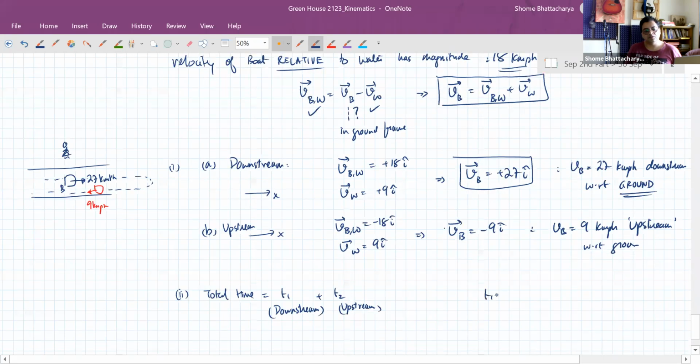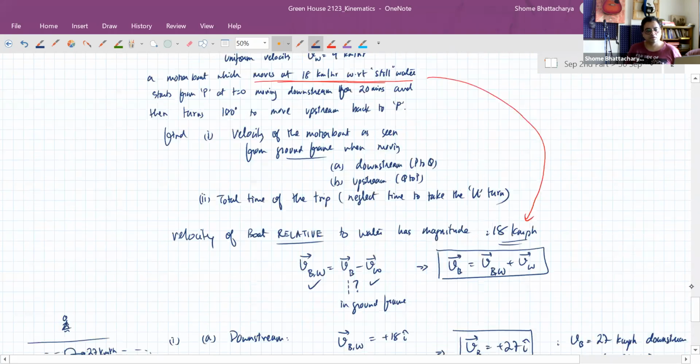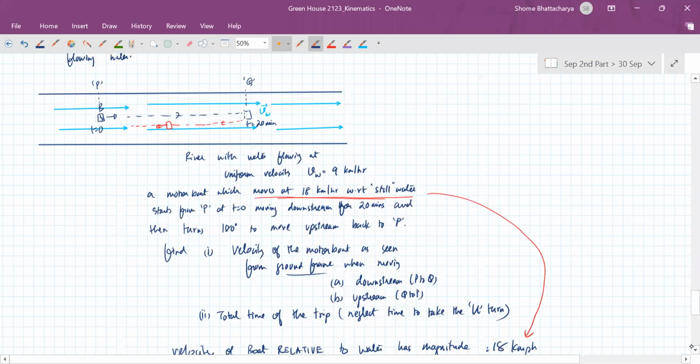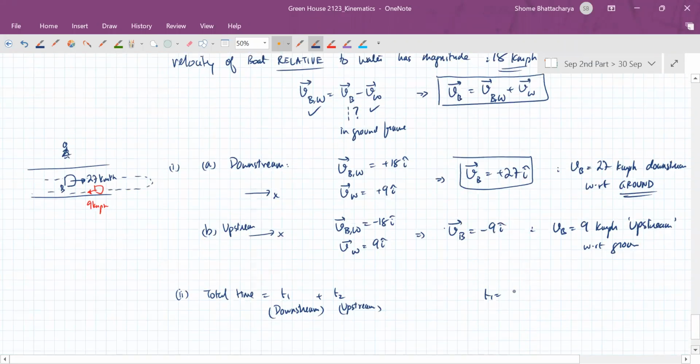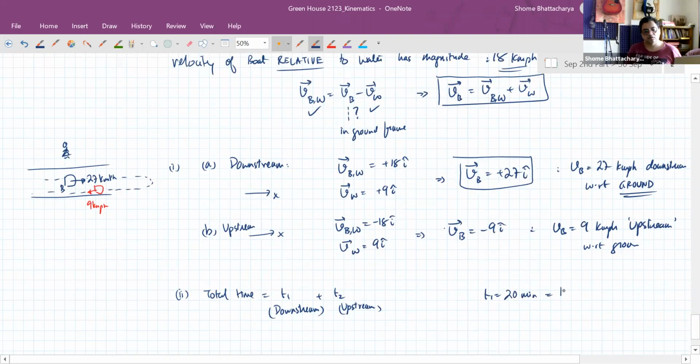Now T1 is given to us to be how much? 20 minutes, right? So T1 is 20 minutes, that is 1/3 of an hour. So therefore, PQ distance is how much? It is 27 into 1/3 or 9 kilometers. Therefore, T2 will be that same distance of 9 kilometers, but divided by 9 kilometers per hour.